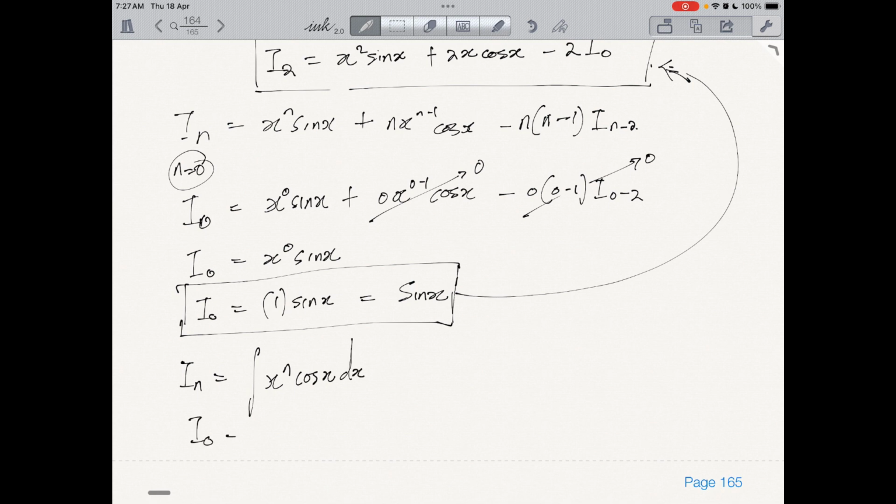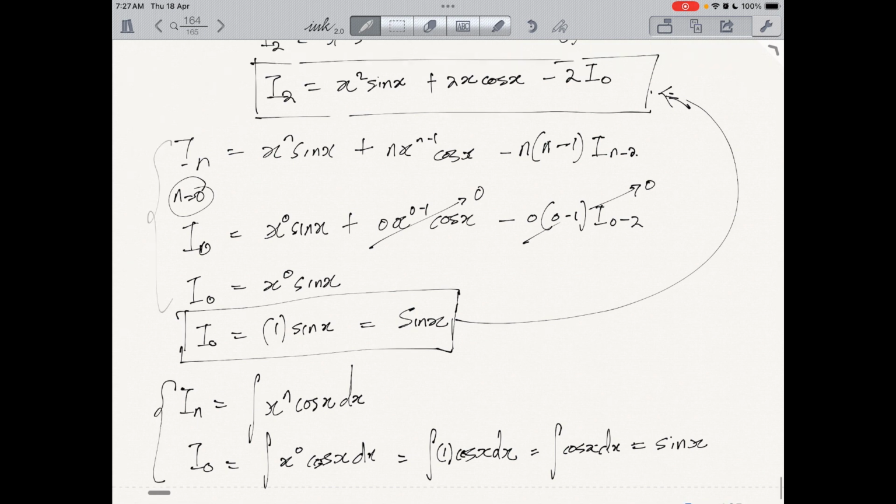Therefore, I_0 will be the integral of x raised to power 0 cos x dx. Now this is the integral of 1 cos x dx, because x raised to power 0 is 1. And this will be the integral of cos x dx, which will give us what? Sine x. So either we go through this means or we go through this means.